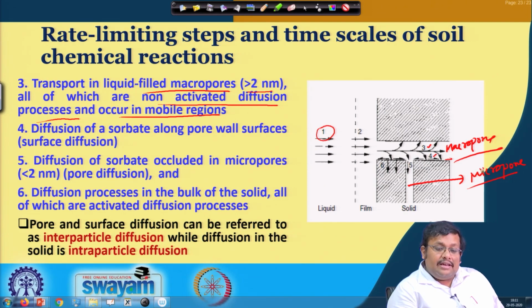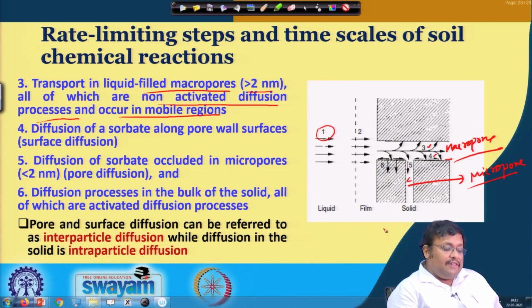Macropores have a diameter of greater than 2 nanometer, whereas micropores have a diameter of less than 2 nanometer. Diffusion in the micropores is another important transporting process in the soil, and the diffusion occurs for sorbate which is occluded in micropores. Occluded means it is attached to the micropores.